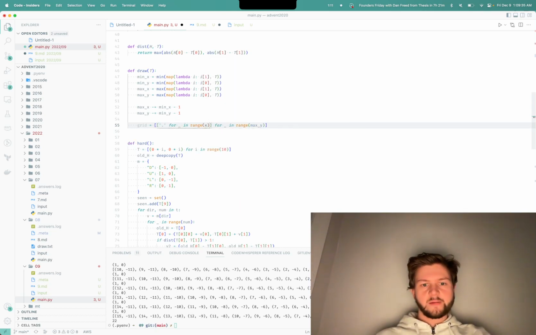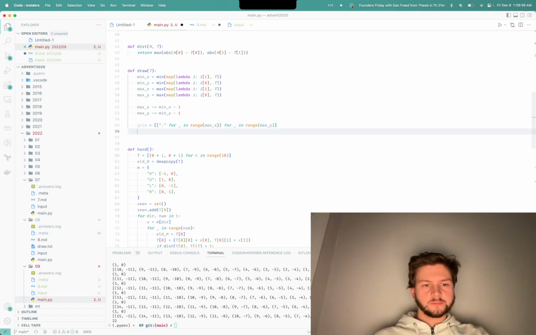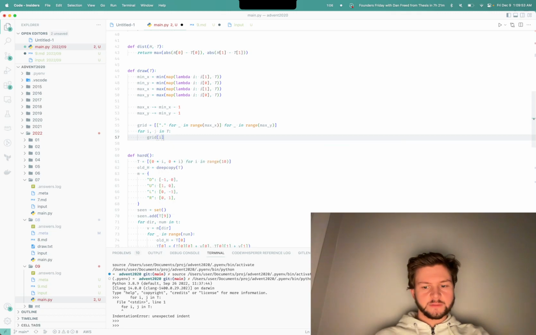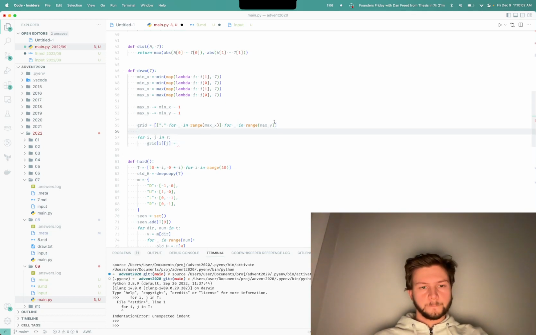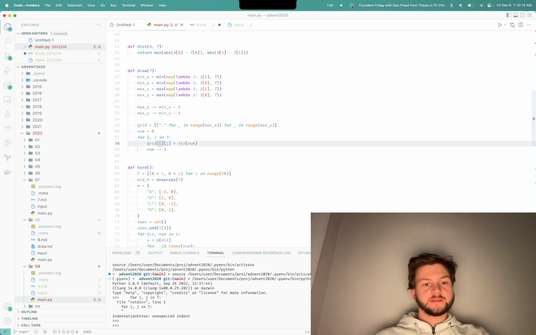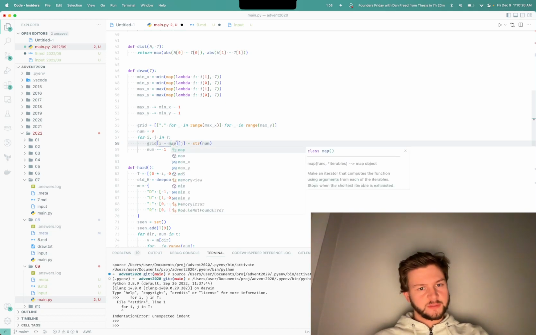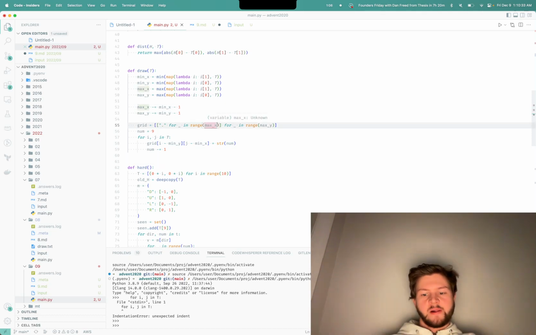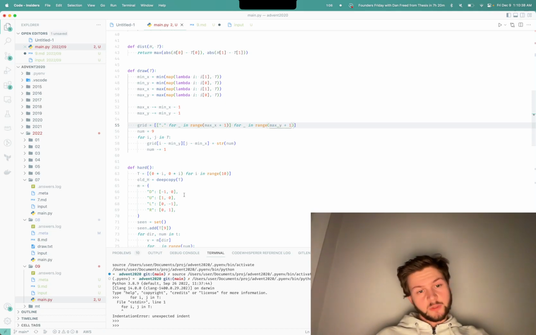Or e. Grid a. 9. Except you will be subtracting y. Okay, let's see if this will work.